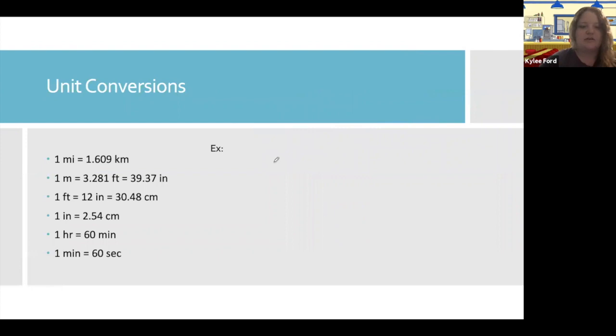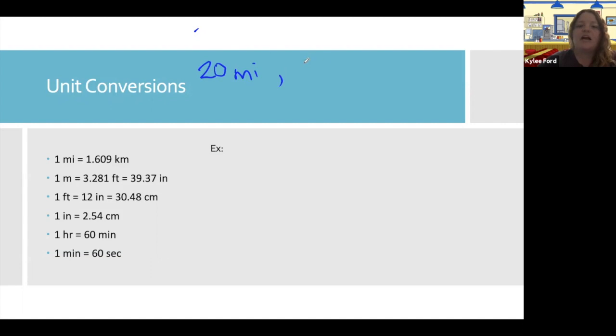Okay. So let's go with another example. Let's say we want to travel, we need to go 20 miles. We need to go 20 miles, okay?